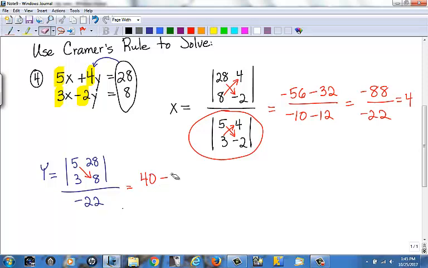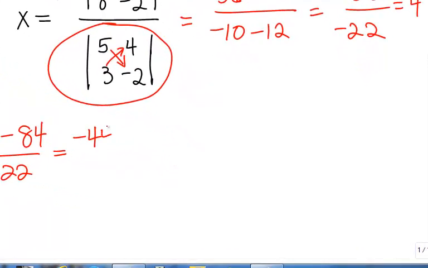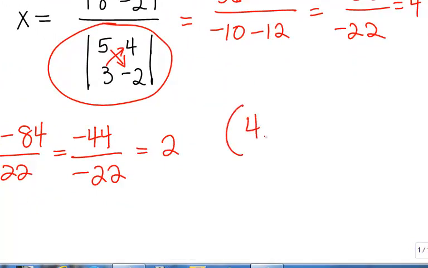So on the top, we got 5 times 8 is 40 minus 84, over -22. 40 minus 84, -44 divided by -22 is 2. So our x is 4, our y is 2.